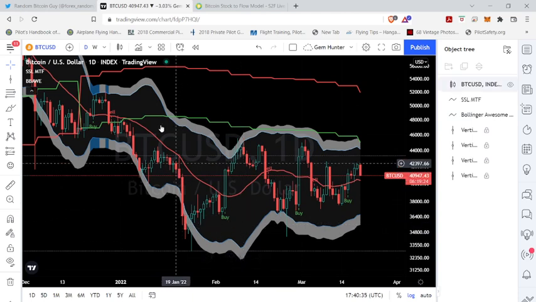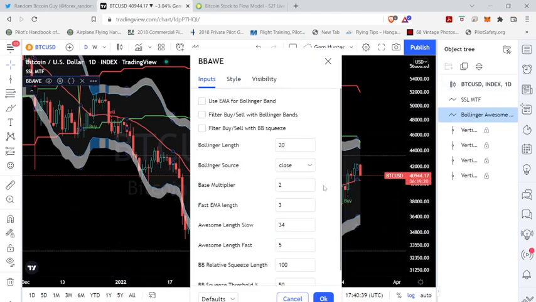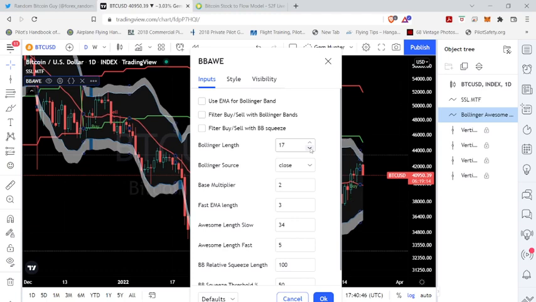And we are going to change the settings. We're going to change these inputs here. The Bollinger length. I like my Bollingers a little bit faster, so I bring it down to 17, 16. Doesn't really matter, somewhere in that range. Depends on how fast you want it, but right in the teens range is fine.